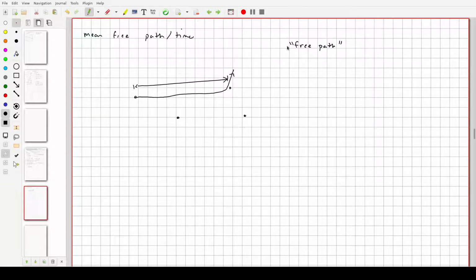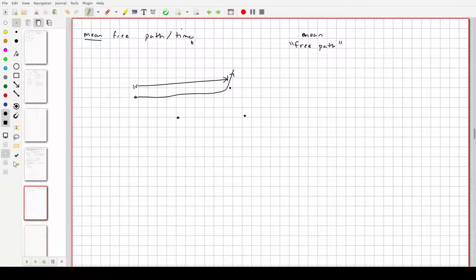How far can a particle freely travel before it collides with a neighbor? But because it's an average, and another word for average is mean, we're talking about the mean free path when we talk about the properties of a material or a gas, if you will.